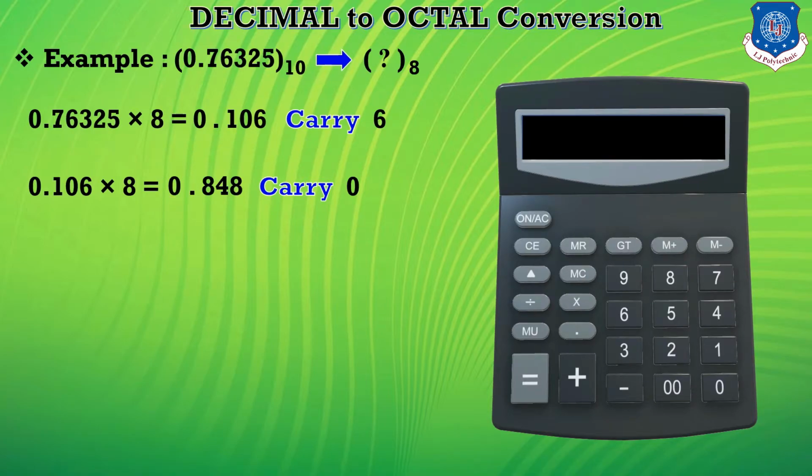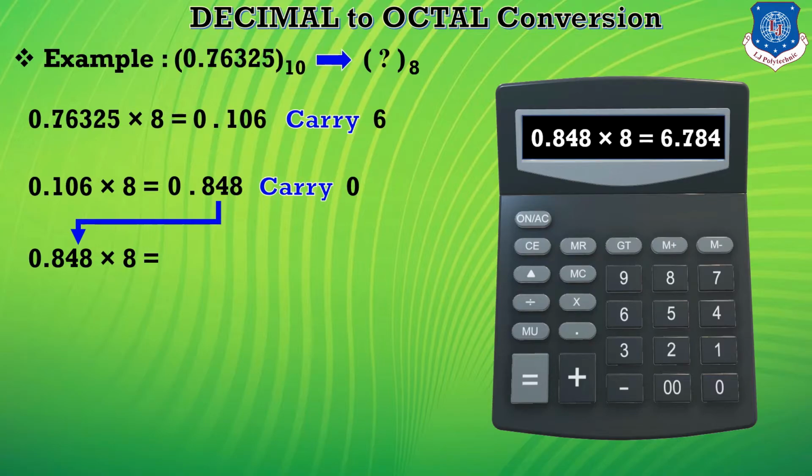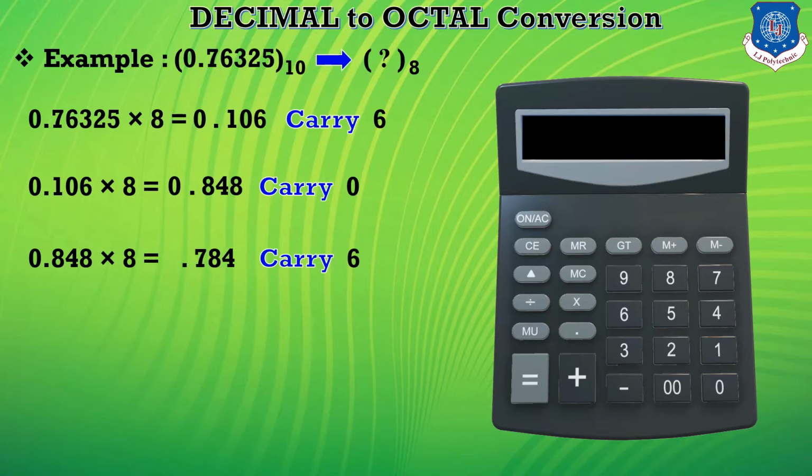Now for the next step, we multiply this 0.848 with 8. Then we will get the answer 6.784. Amongst this 6.784, we consider 6 as a carry. So the remaining term will become 0.784.